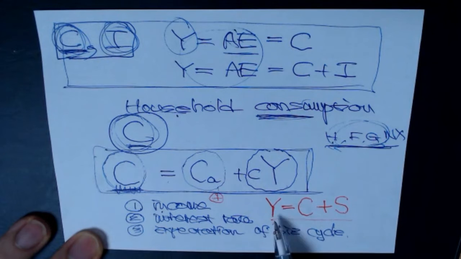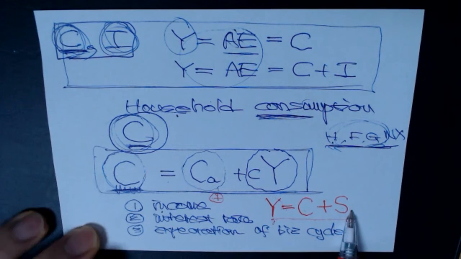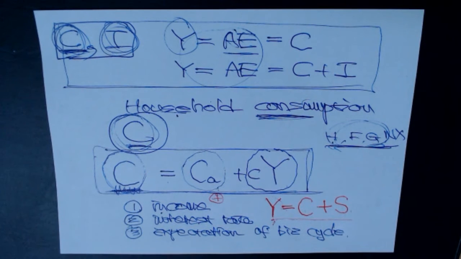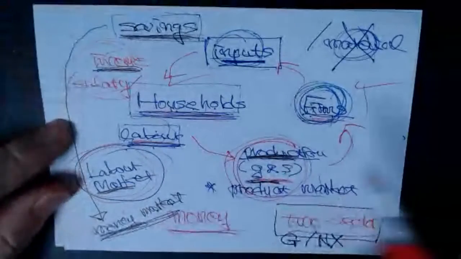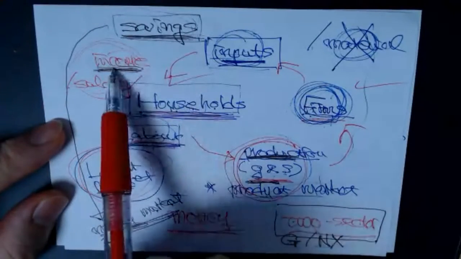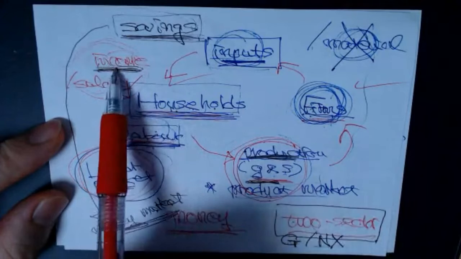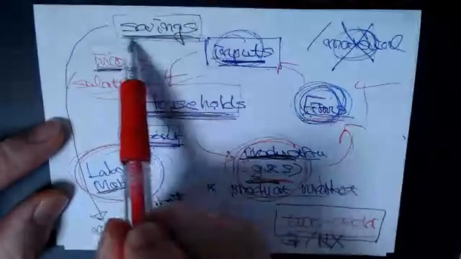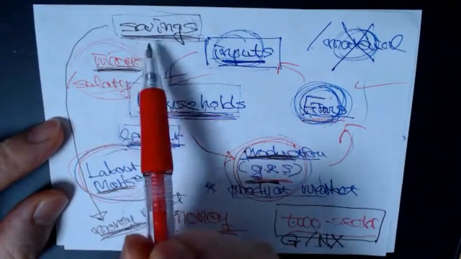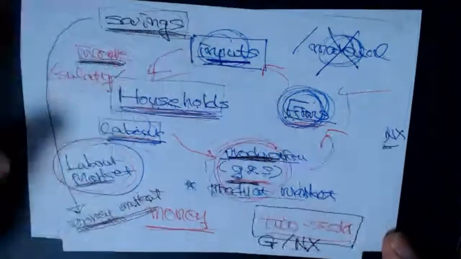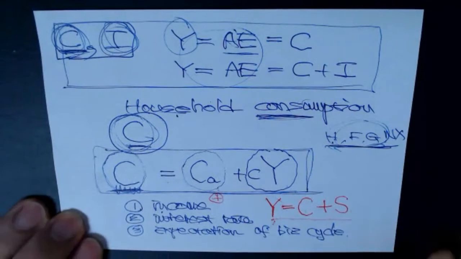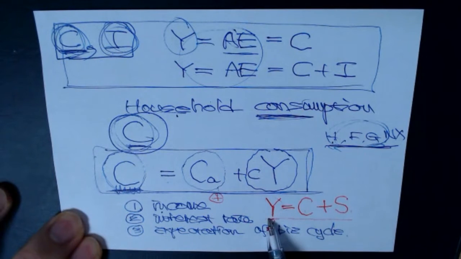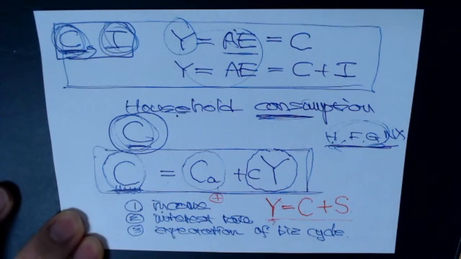It tells us that income equals consumption plus saving. In the previous note, we said that households don't consume all of their income. They consume part of it to purchase goods and services. Some will be left, and that amount is savings. So household income is likely to divide into two pieces.